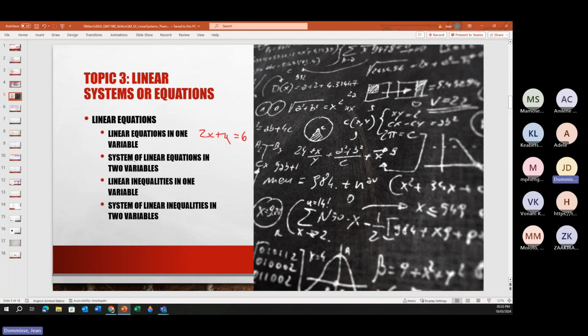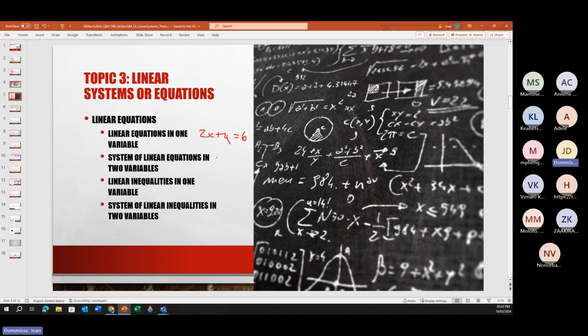Then we're going to look at the equation of two variables. There it might be that we look at some of the straight lines, something like y is equal to 6x minus 4, or something similar.